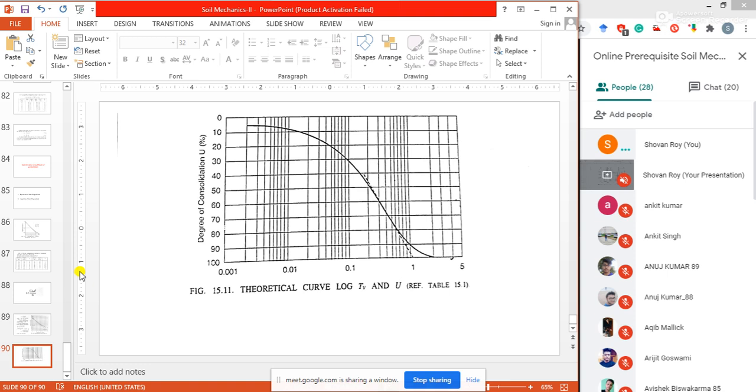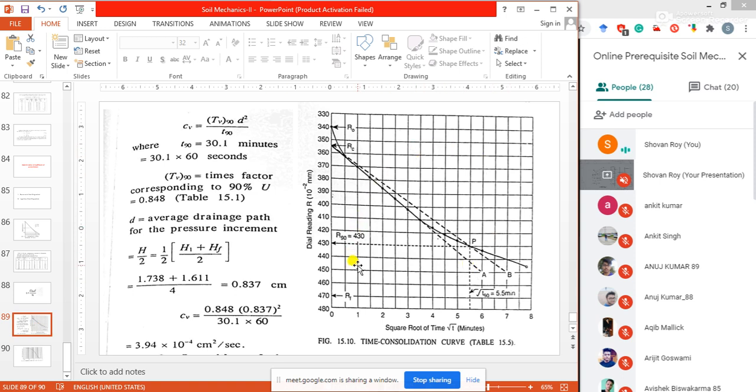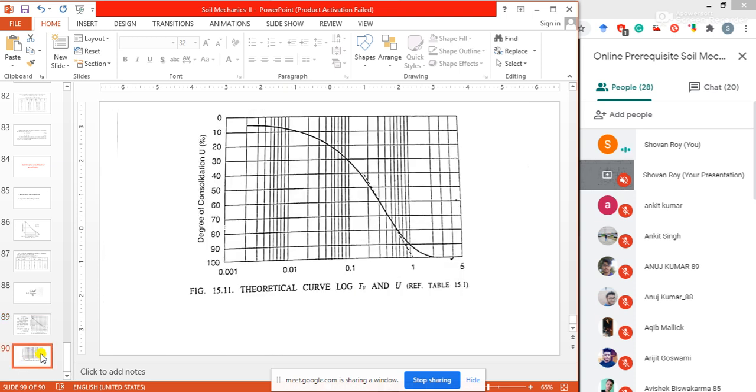For the logarithm of time fitting method, we need a semi-log graph, and the same values which are plotted in the square root of time fitting method we can plot here. The same values which we have used for the square root of time fitting method, we can use for the logarithm of time fitting method also.